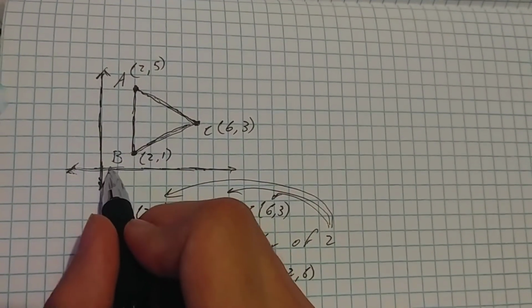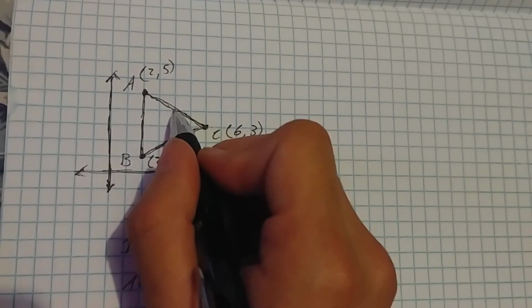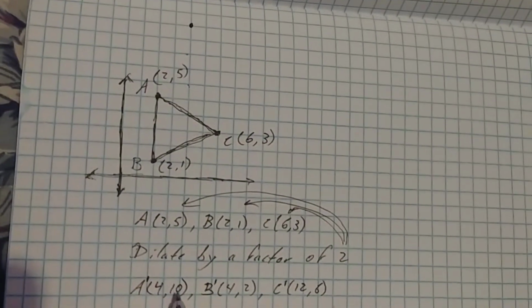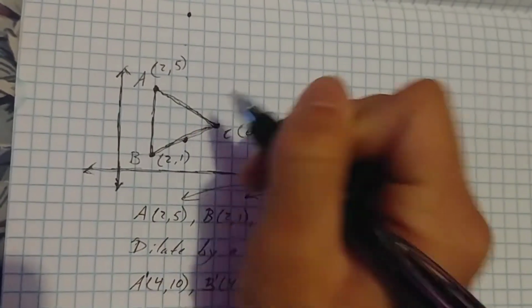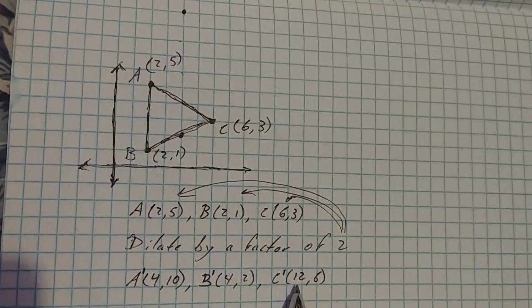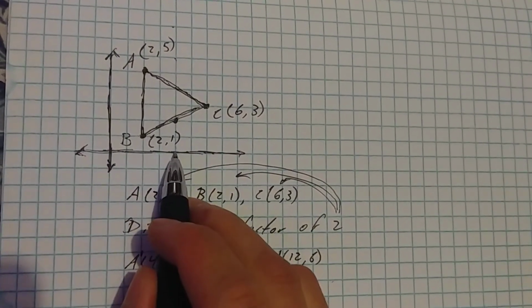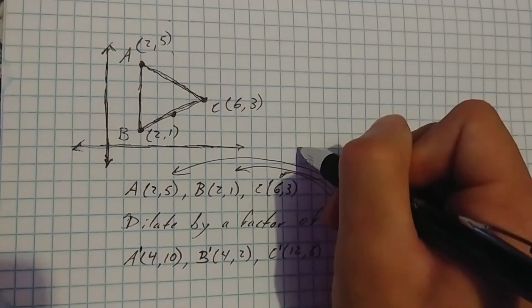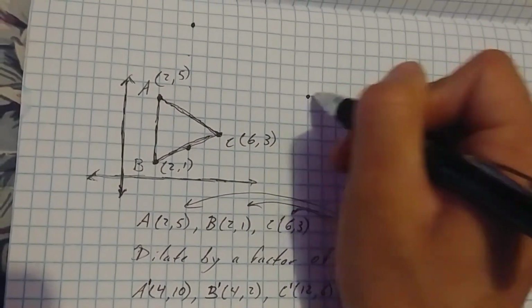Let me plot that. 4 and up 10: 2, 4, 6, 8, all the way up here, 10. That's A prime. B prime is at 4, 2, so 4 and up 2. My last one is at 12, 6. So I have to go 12 units: 4, 8, 10, 12, and up 6: 2, 4, 6.